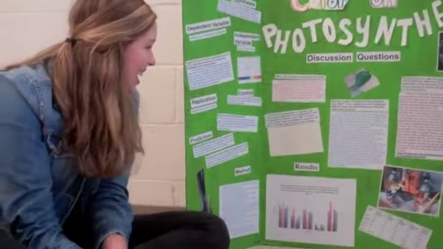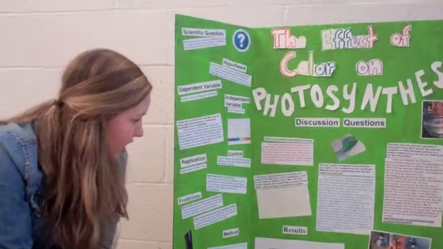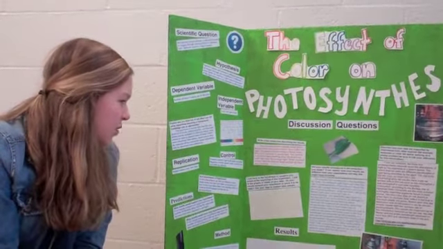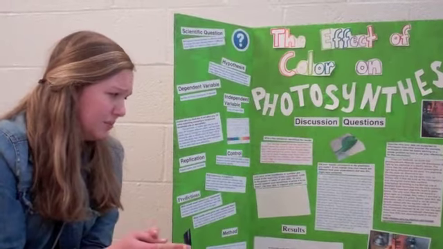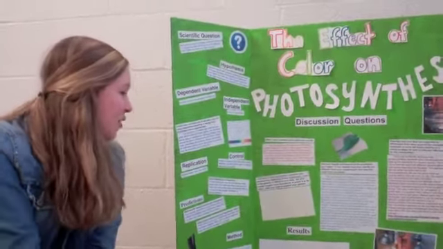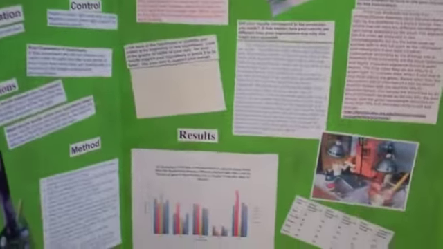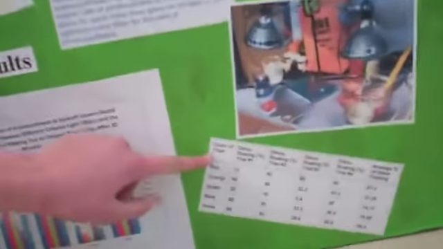Therefore, green is the only wavelength not absorbed by pigments in the plant and is therefore reflected. Our results make sense because the green had the lowest rates of photosynthesis and the other colors had a higher rate of photosynthesis. The number of discs for each color then gave us an idea of the optimum color filter for the rate of photosynthesis. This is a data table showing you our results.